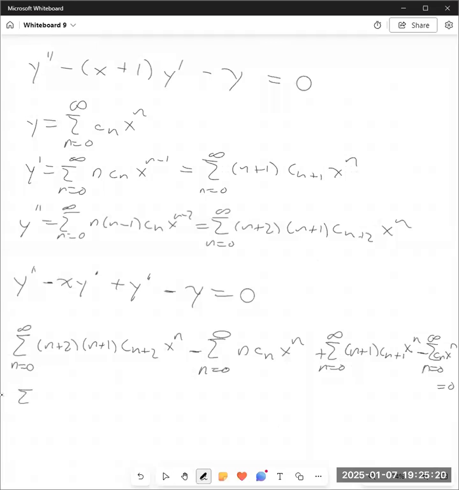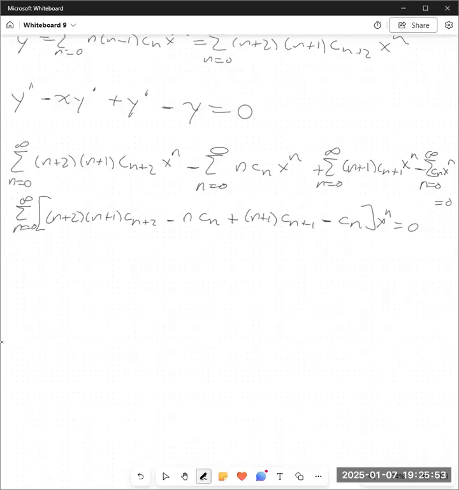So we have the big summation, n equals 0 to infinity, of (n plus 2)(n plus 1) c sub n plus 2, minus n c sub n, plus (n plus 1) c sub n plus 1, minus c sub n, x to the n equals 0.